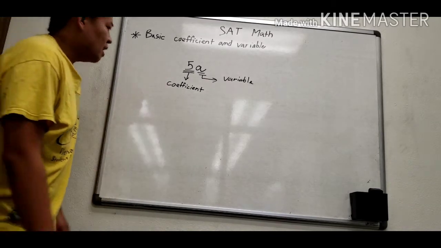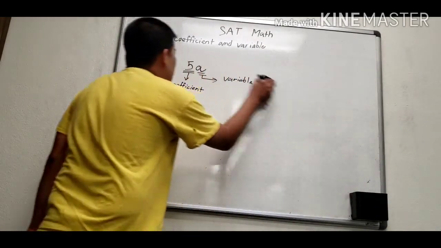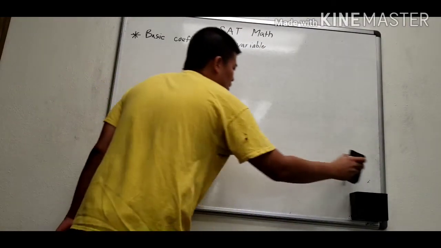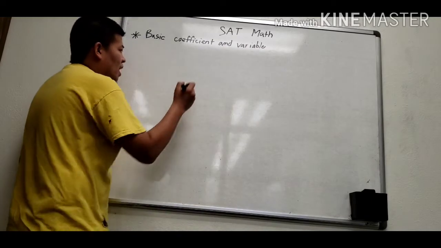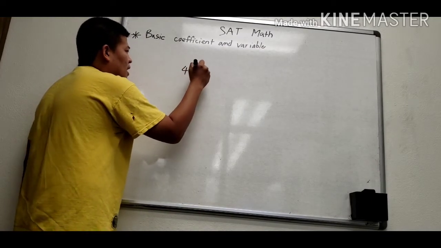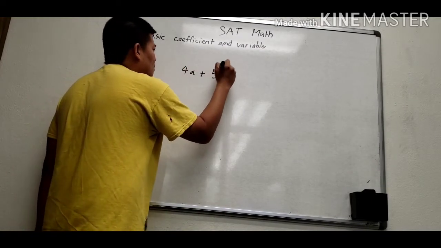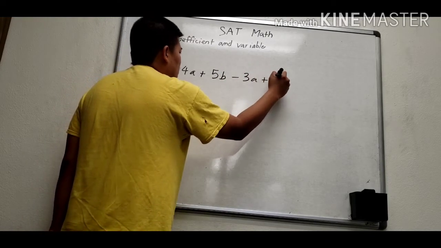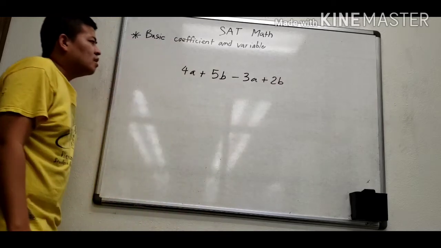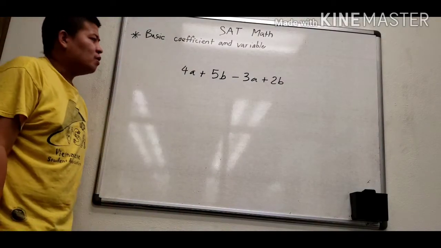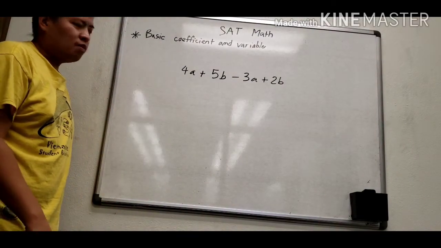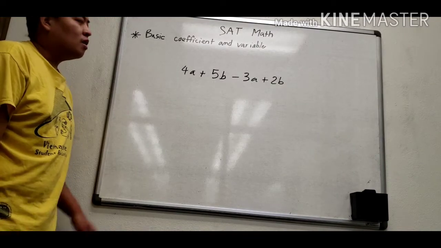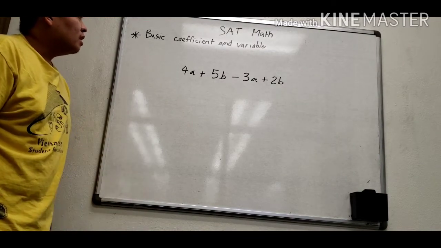And the next one, we have 4a plus 5b minus 3a plus 2b. Next, I will talk about how to add and subtract different kinds of variables.